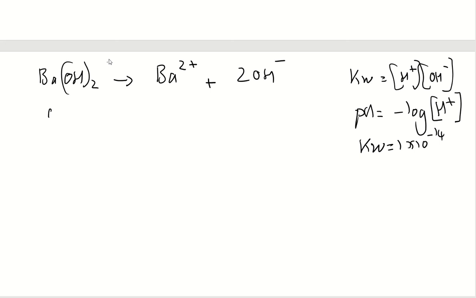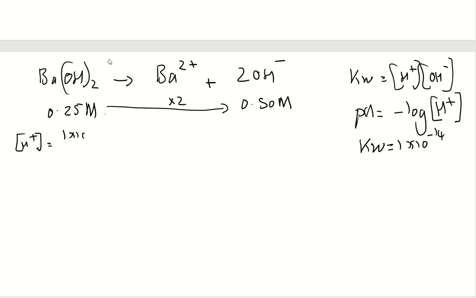Now, let's say we have a value here of 0.25 molarity as the concentration of the barium hydroxide that we get. We've got to remember that the ratio here is 1 to 2, so the hydroxide ions themselves would have a concentration of 0.5. And because of that, my hydrogen ion concentration is equal to, again, the ionic product of water constant divided by the 0.5.